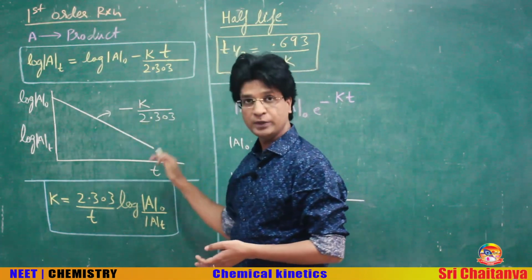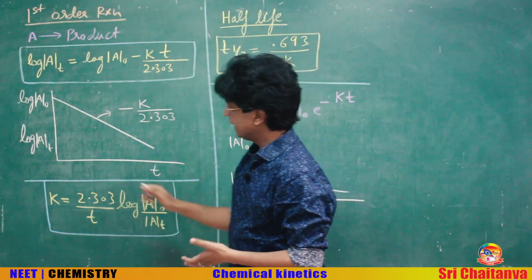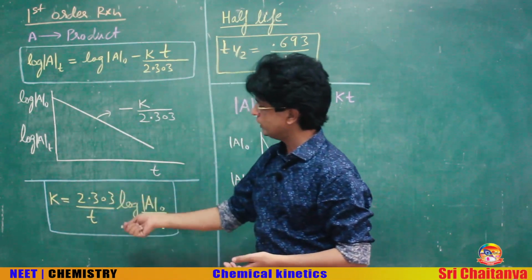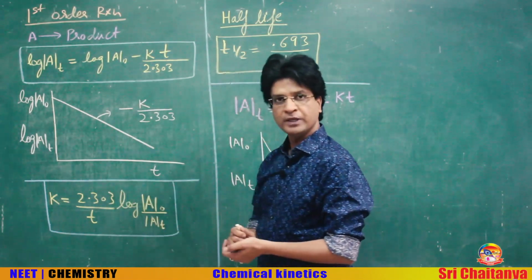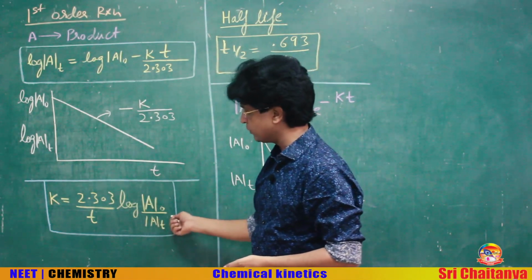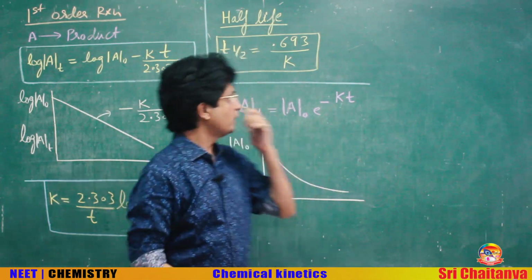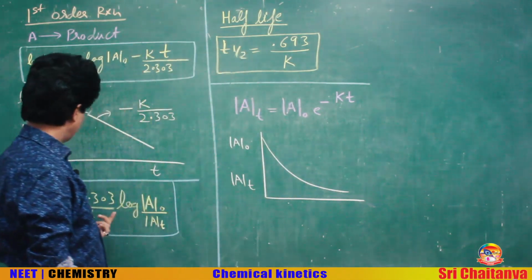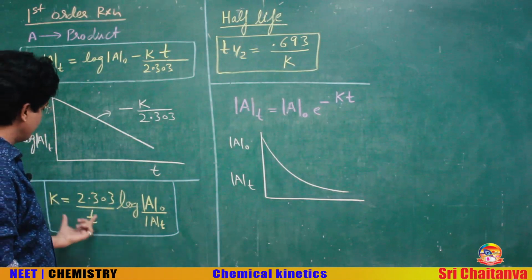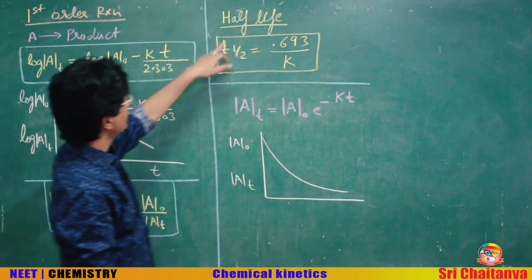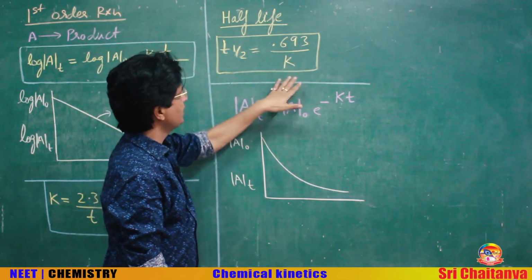This is very, very important. You got to remember that. When you rearrange this equation, you will get k equals 2.303 upon t log of A naught by At. This is a very important equation because many questions will be solved by this equation. Now, when you try to find the half-life by putting At equal to A naught by 2, you will come across that half-life is 0.693 upon k.